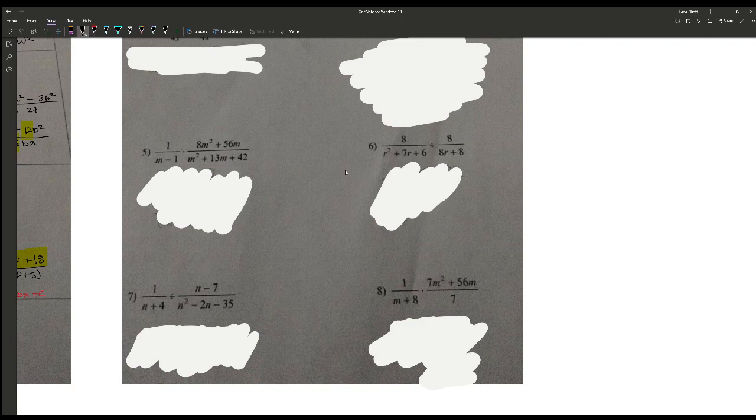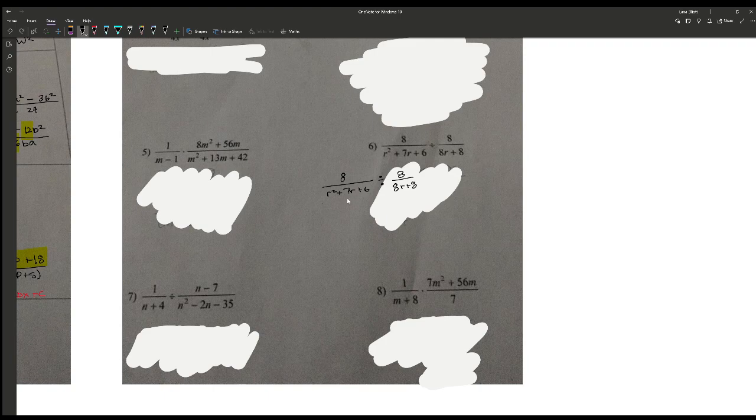So, as you can see, we have 8 over r squared plus 7r plus 6 divided by 8 over 8r plus 8. So there are two things that we need to factor. We need to factor the denominator of the first fraction, and we need to factor the denominator of the second fraction. That will just make our lives easier.